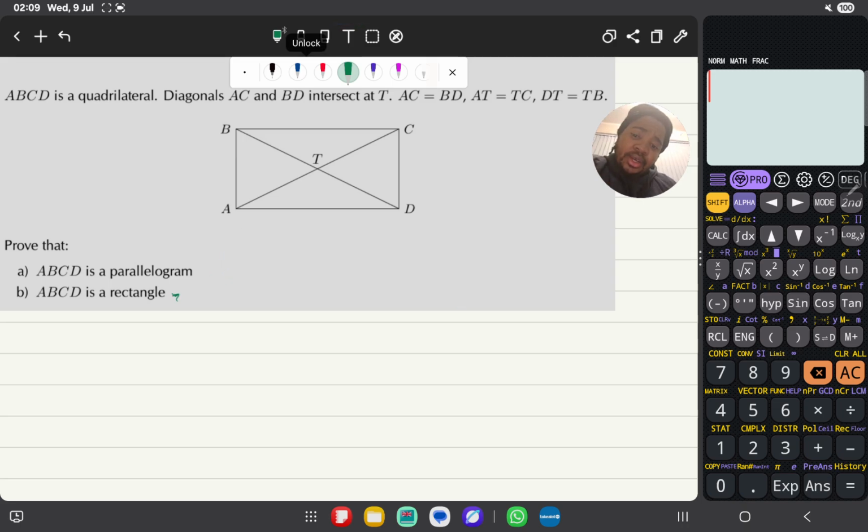It is a parallelogram, right? So on proving that it is a rectangle, I will then say one of the things, I'm just being too forward here, one of the things for number B is that AC equals to BD, right? AC and BD, the same is true also with a square, but this is not a square.